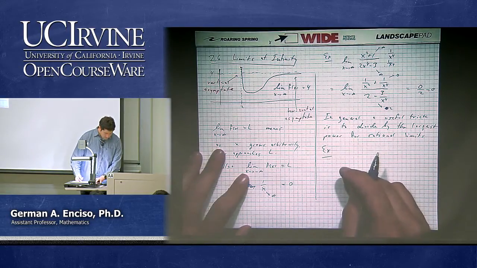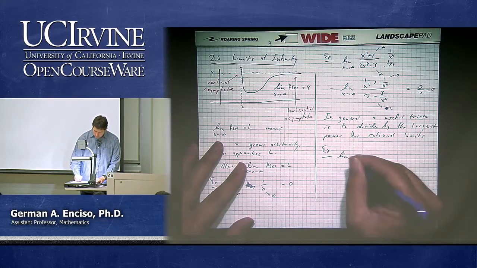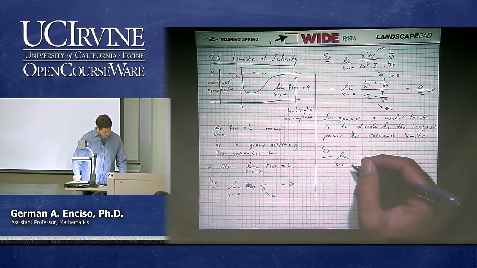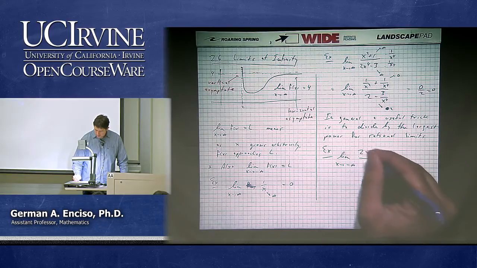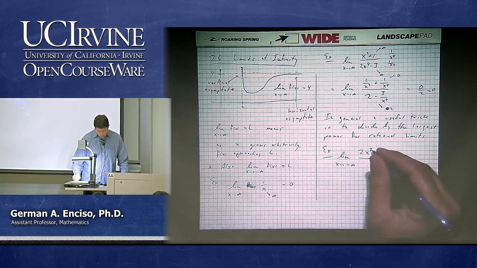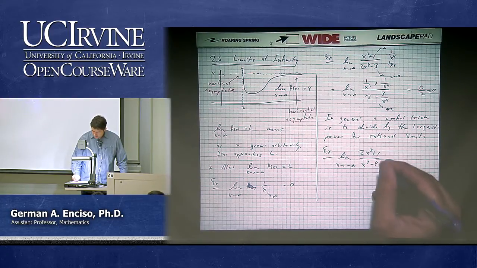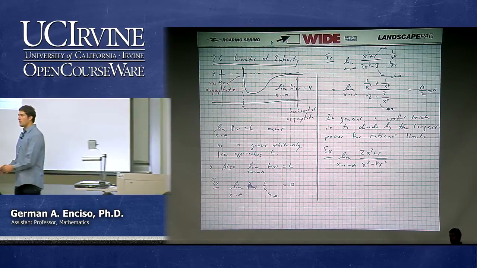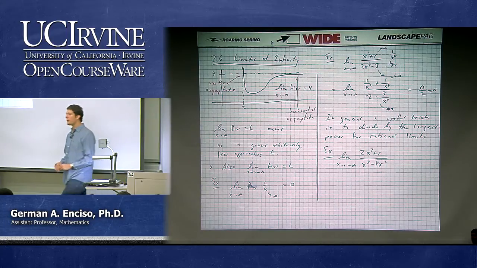Let's do another one of these. Limit when x goes to minus infinity of 2x to the 3 plus 1 divided by x to the 3 minus 4x squared. Okay, so it gets more complicated.